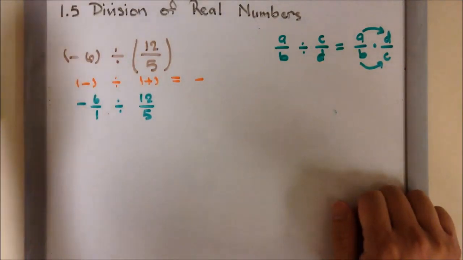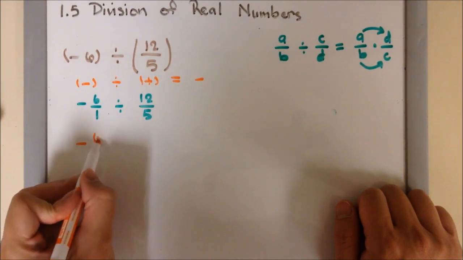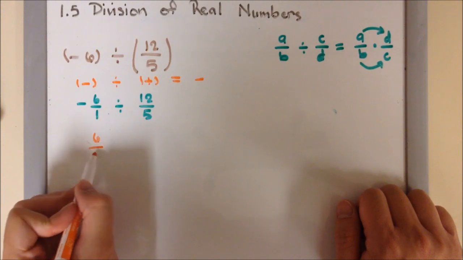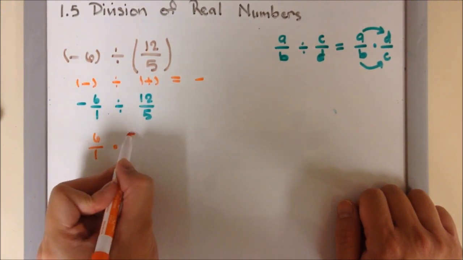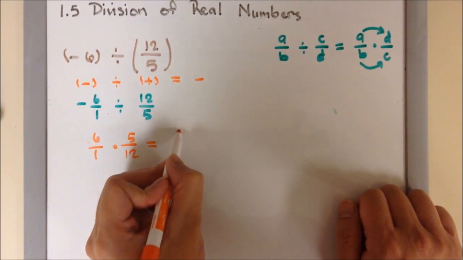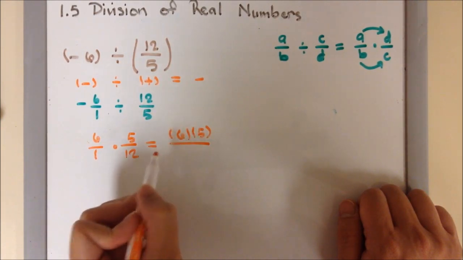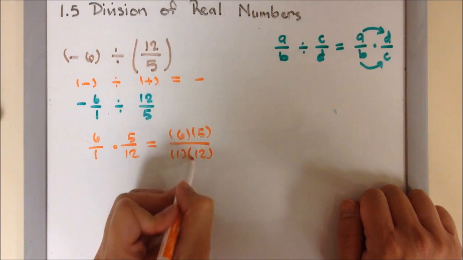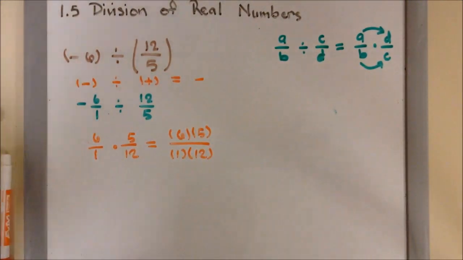Next, I'm going to rewrite it as a multiplication of fractions. So I'll keep the first one the same, negative 6. Well, I don't need to worry about the sign anymore. 6 over 1 times, I'm going to flip the second fraction. So 5 over 12. So it's going to be 6 times 5, numerator, and then denominator 1 times 12. Alright, I check.